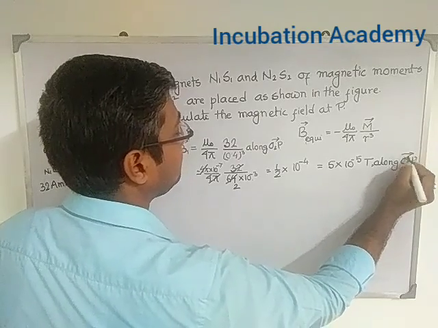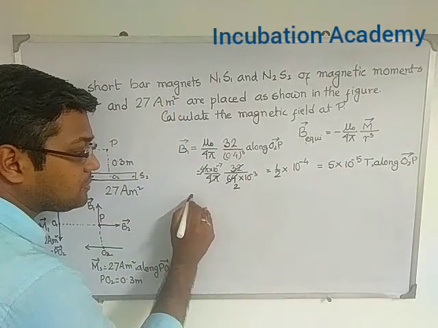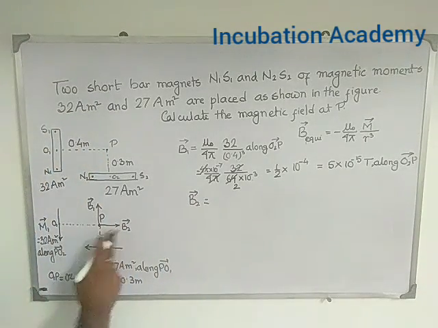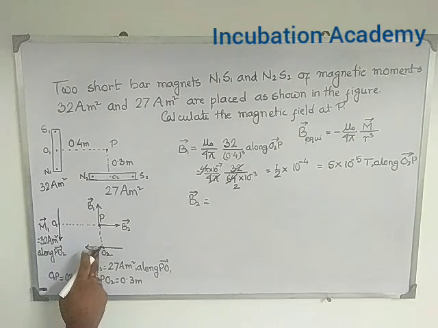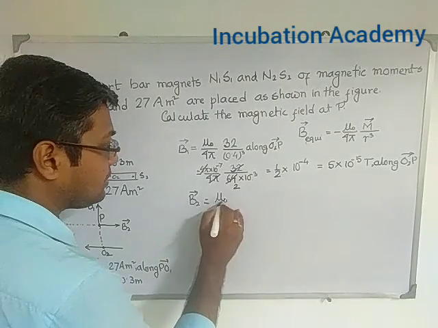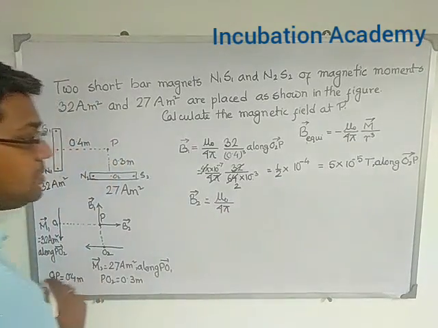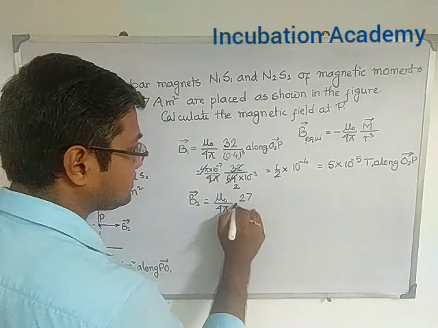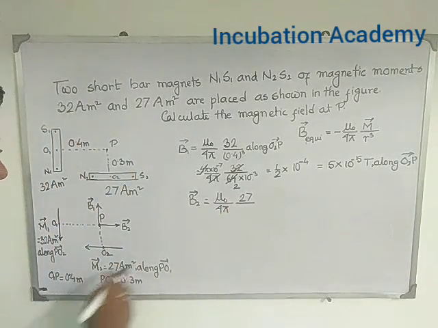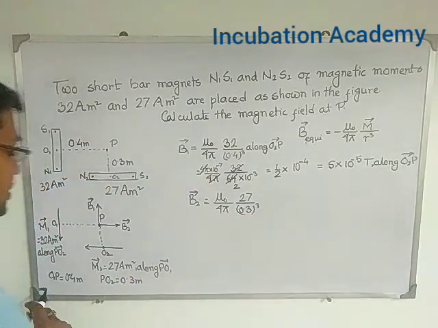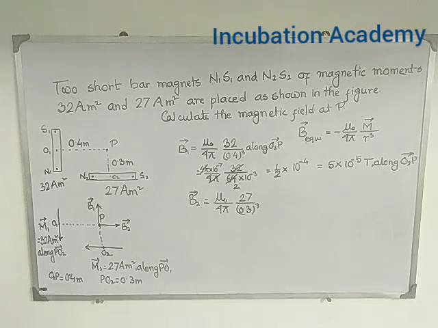Similarly, if I try to find the value of B2, due to the magnetic moment M2, this will be mu naught divided by 4 pi, the magnetic moment is 27, the distance is 0.3 whole cube, along O1P.